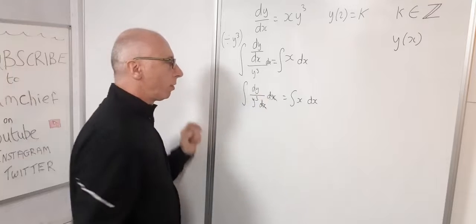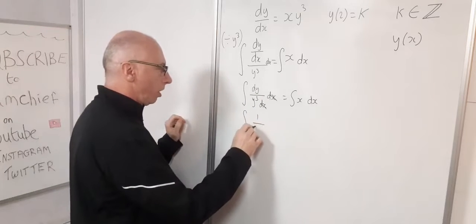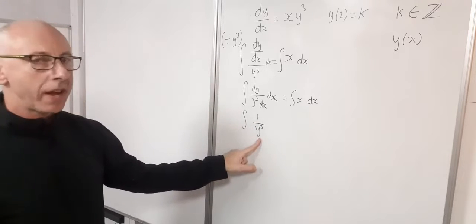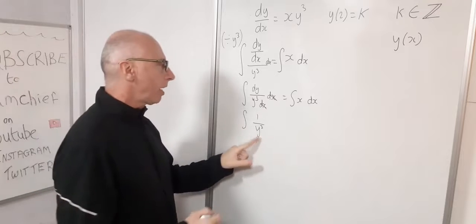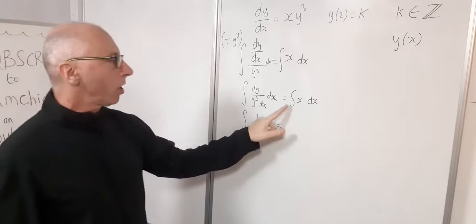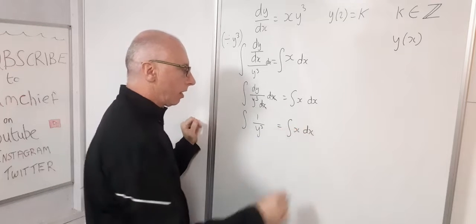That's really helpful. So now we've got the integral of 1 over y cubed. y is a function of x, it's not a variable, so we just need to be careful with that notation. And that equals the integral of x dx.